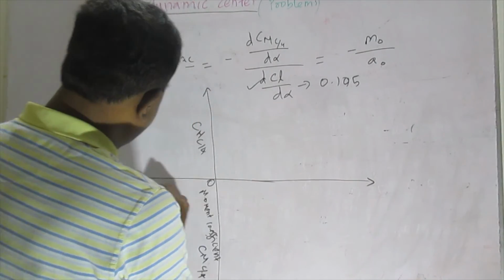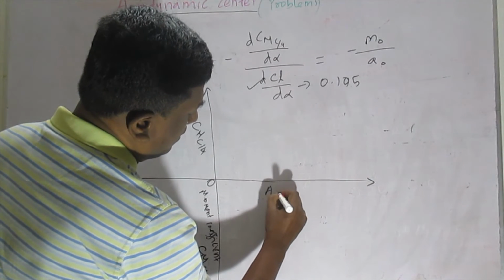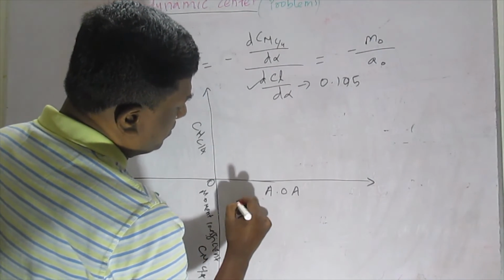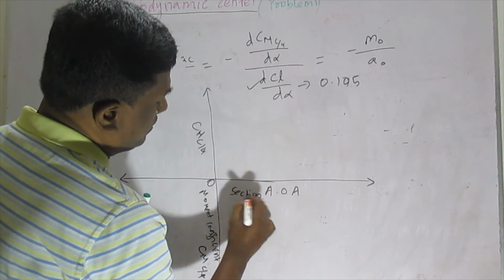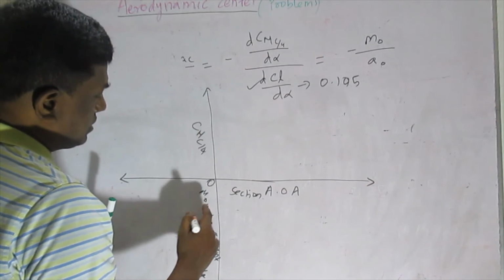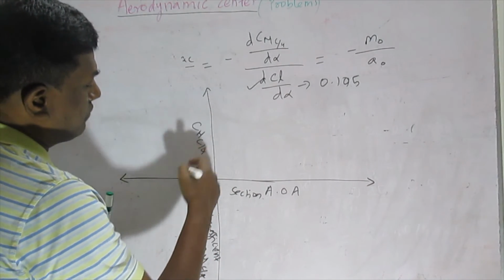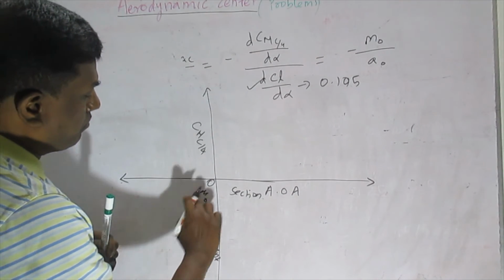In the horizontal axis, as usual, it is the angle of attack, especially the section angle of attack. That should be clear: section means aerofoil. For this, the graph is given for finding the moment coefficient at the quarter chord point.